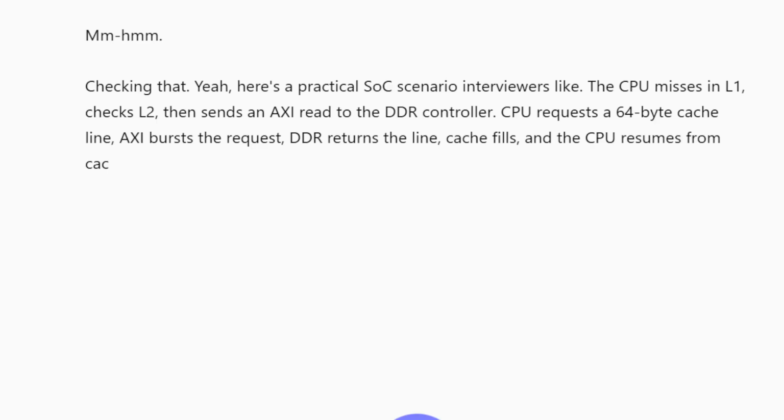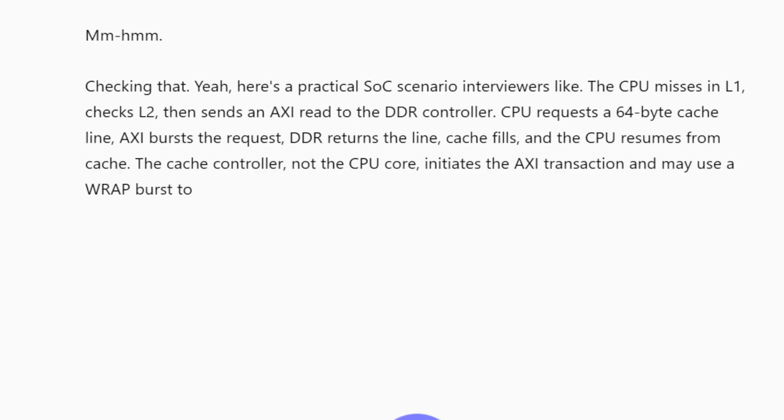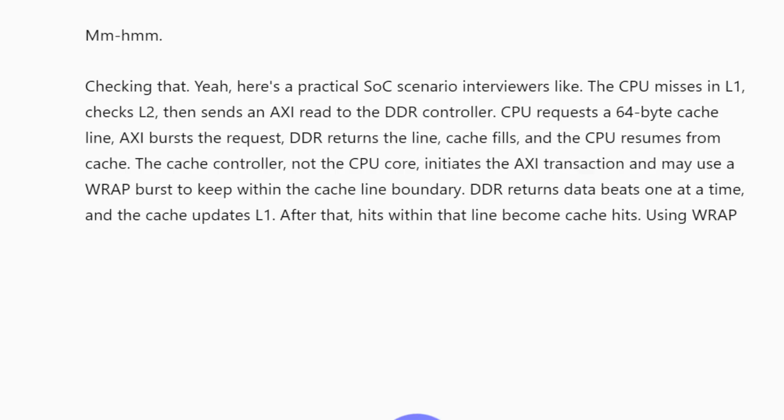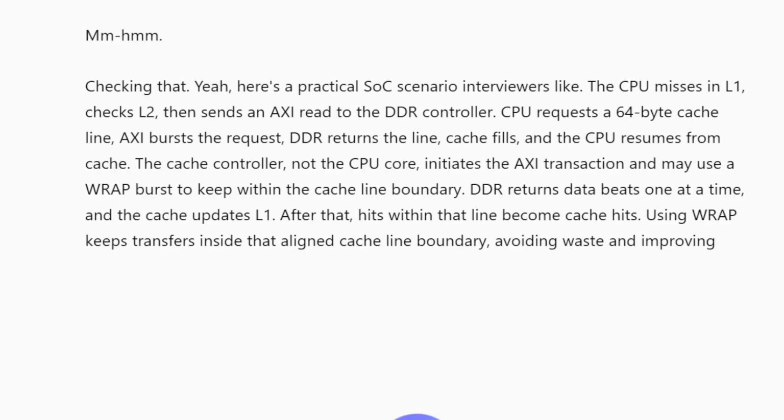The cache controller, not the CPU core, initiates the AXI transaction and may use a wrap burst to keep within the cache line boundary. DDR returns data beats one at a time, and the cache updates L1. After that, hits within that line become cache hits. Using wrap keeps transfers inside that aligned cache line boundary, avoiding waste and improving effective bandwidth.